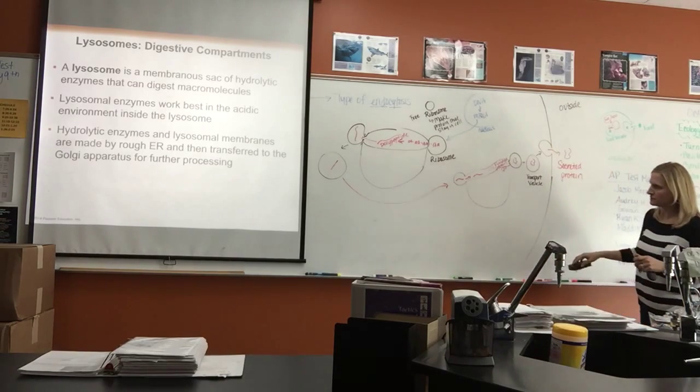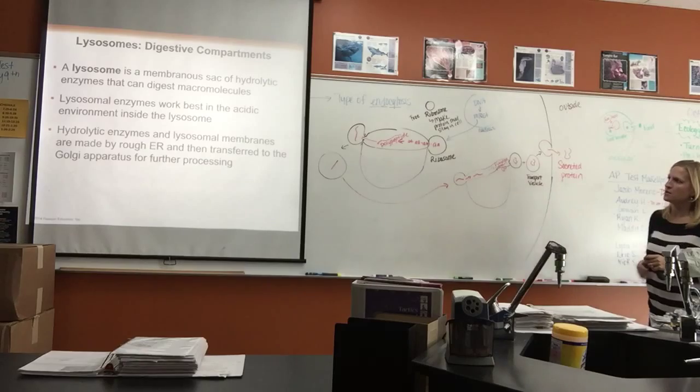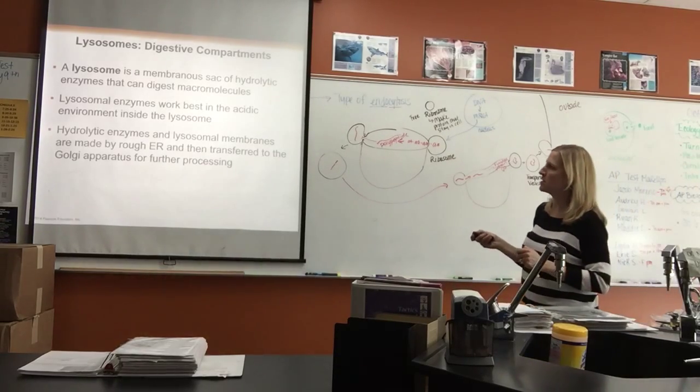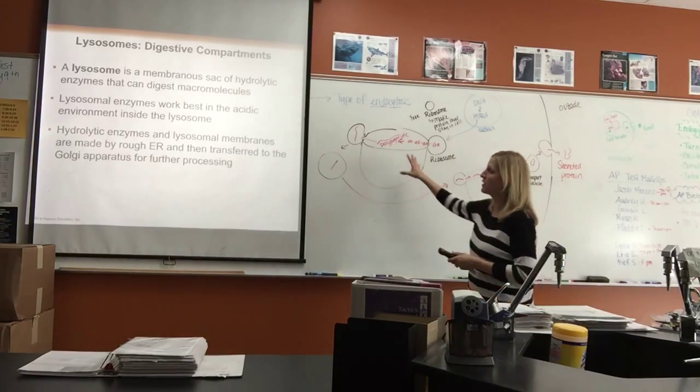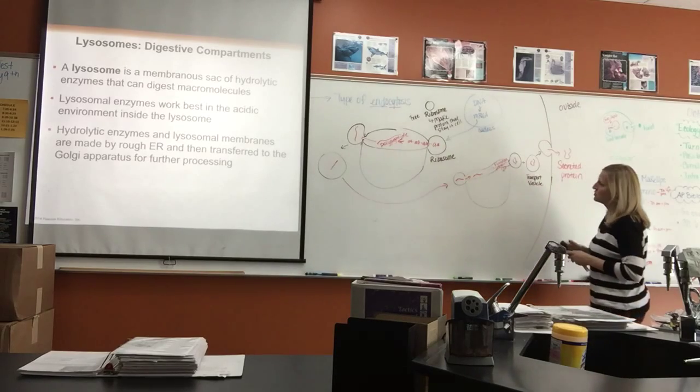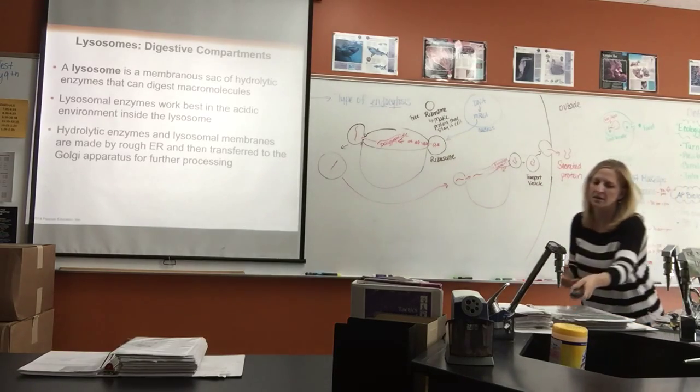So it says these enzymes and lysosomal membranes are made by the rough ER and transferred to the Golgi apparatus for processing. So let me explain.